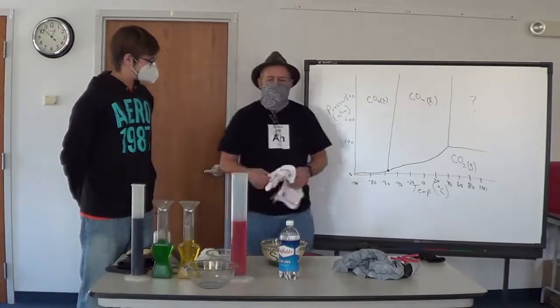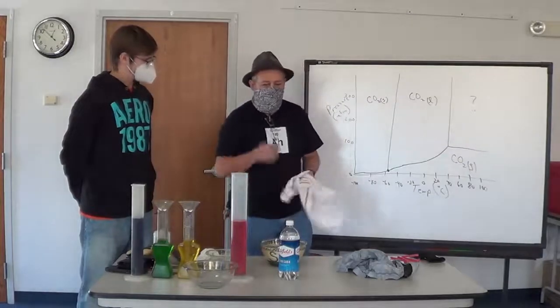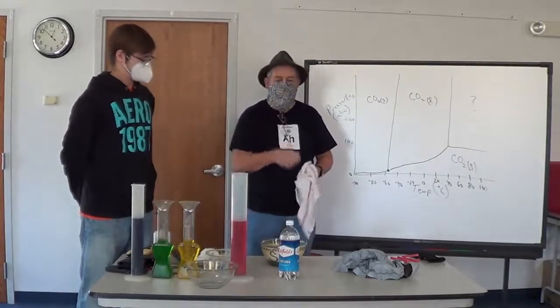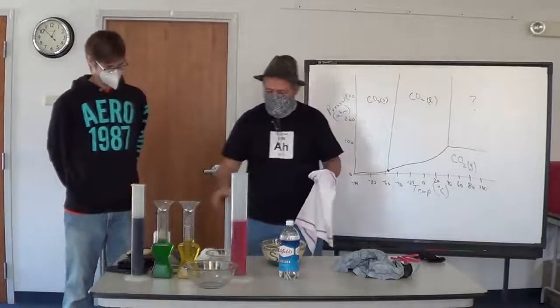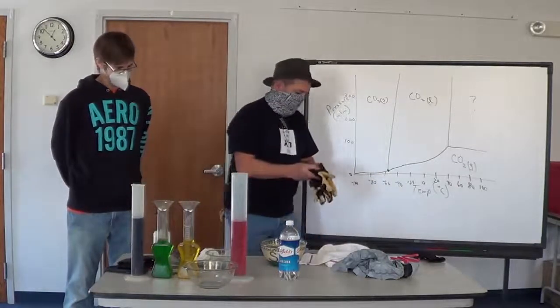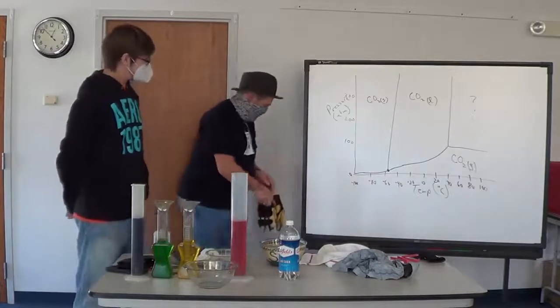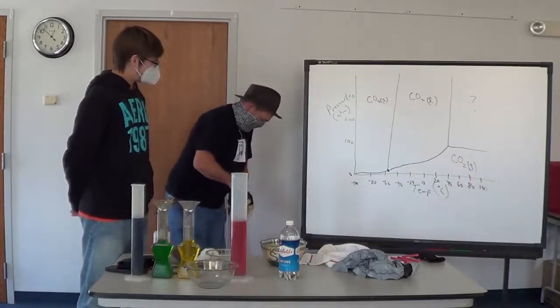So that's pretty cold. That's well below the freezing point of water, and we don't want to be handling that with our hands or any other parts of your anatomy. So don't let that come in contact with your body. We'll be using gloves to handle the dry ice.